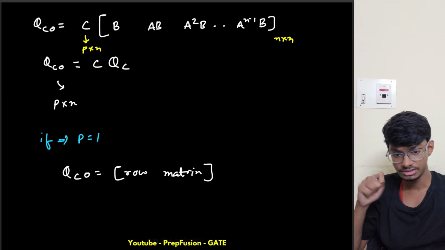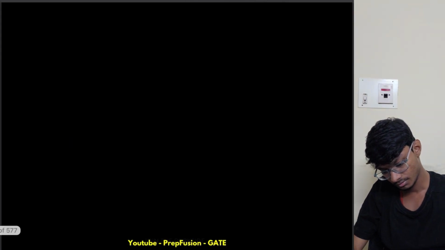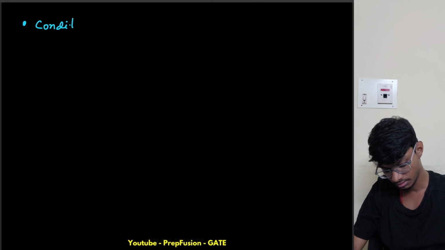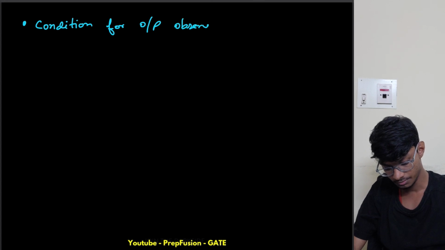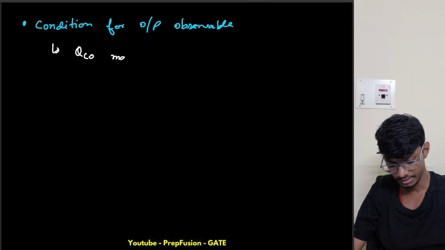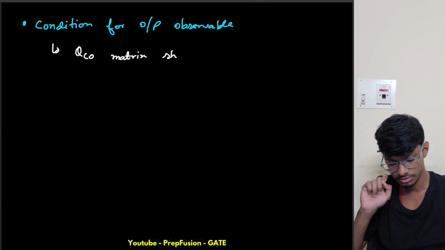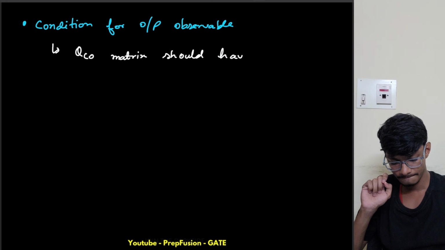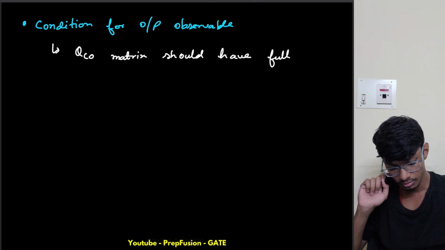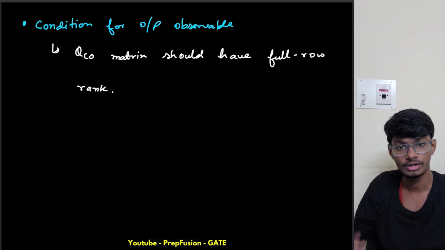The condition for output observable is that my QCO matrix should have a full row rank.